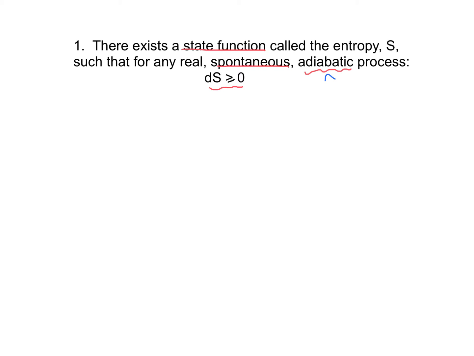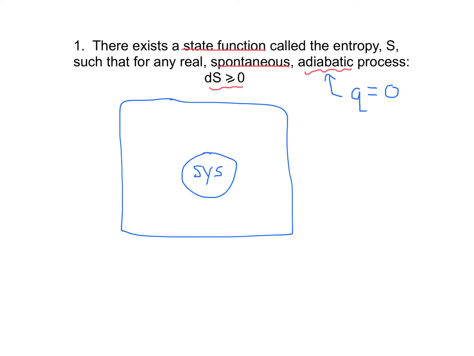Recall that an adiabatic process is one in which no energy is transferred in or out of the system as heat. Let's consider a system that is not adiabatic. In other words, it can transfer energy to its surroundings.